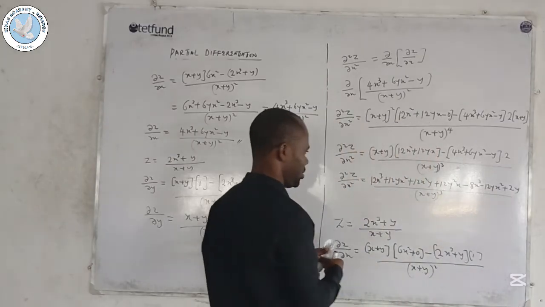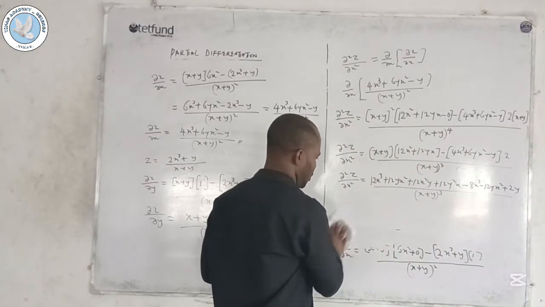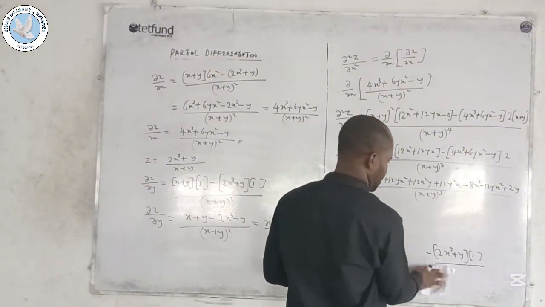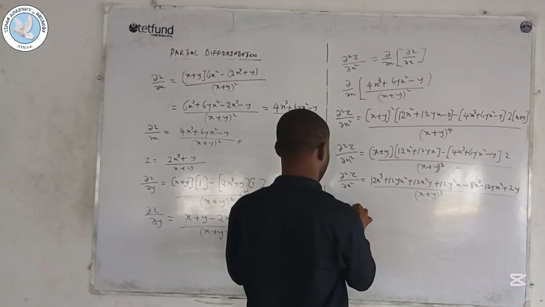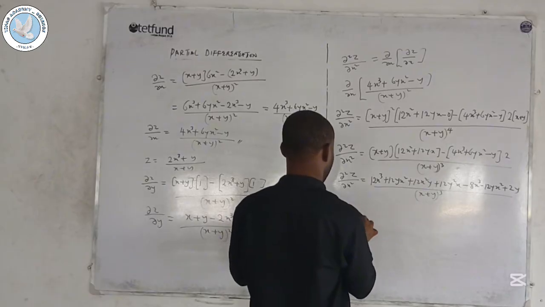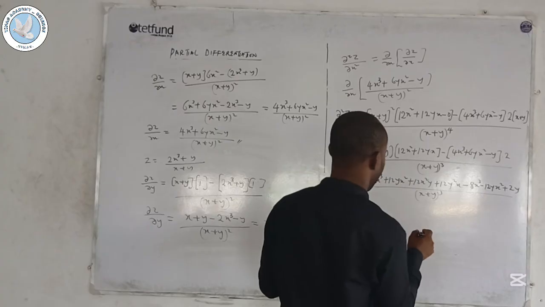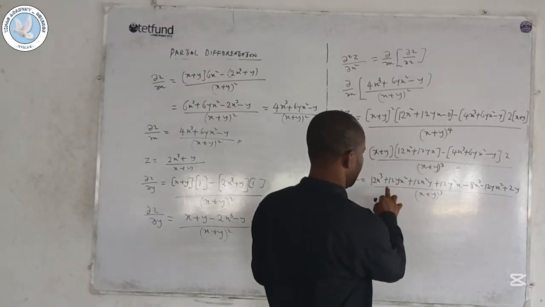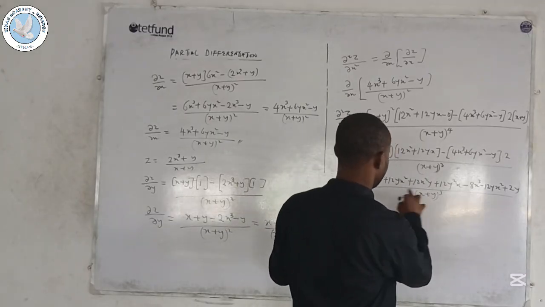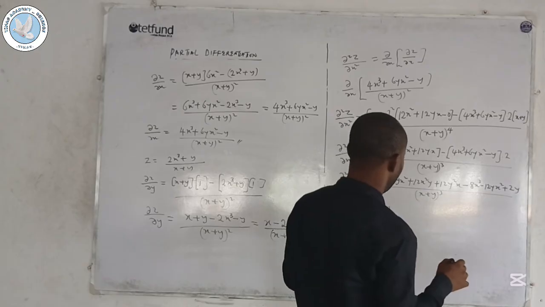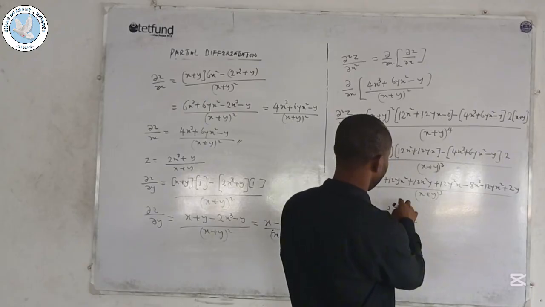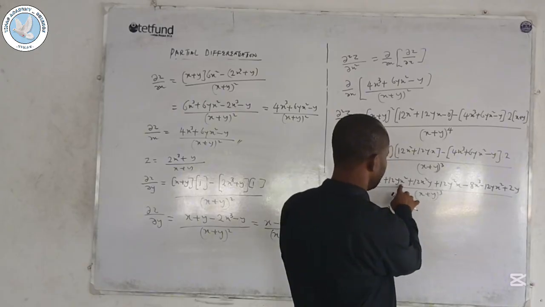So finally we can rearrange the solution. We look at the like terms, this and this. So we have 4x to the power of 3. We also look at this and this, the same thing.